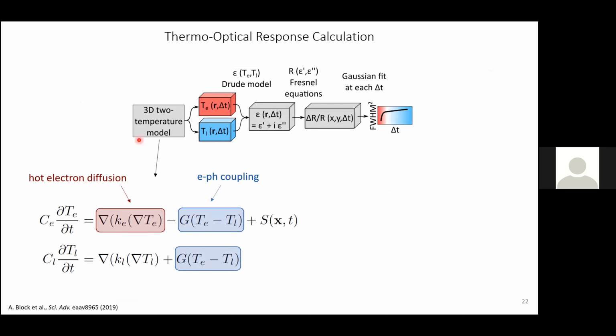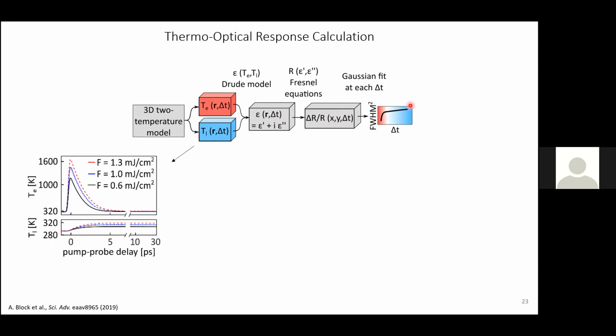Then we calculate our electron and our lattice heat profiles. Then we convert it into a permittivity with a thermo-optic model. Then we convert this into our observable, which is transient reflection, with Fresnel equations. And in the end, we get our simulated spatial temporal profile, and we can do our Gaussian fitting.